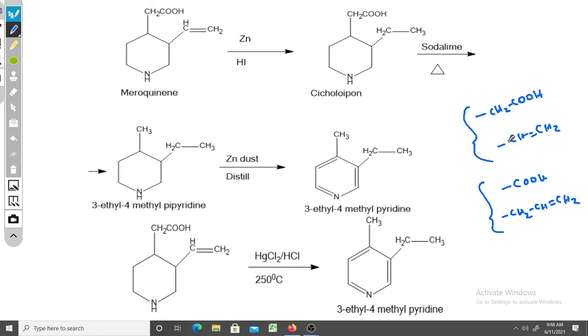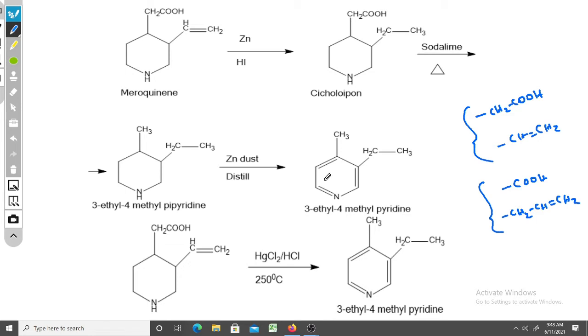If this was the combination, the product after decarboxylation will be, there will not be an ethyl group. Methyl group will not be present here. That is, if the COOH group is present here, then there will not be a CH3 group over here.